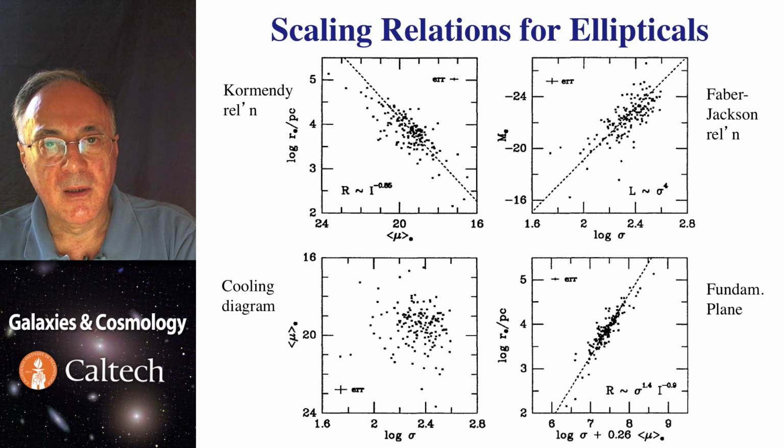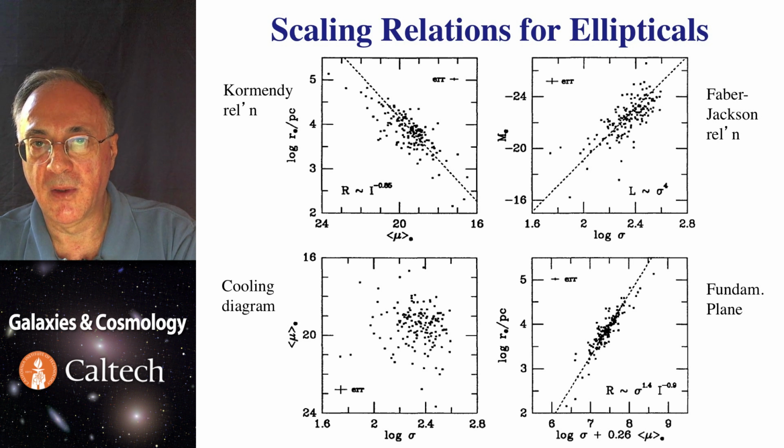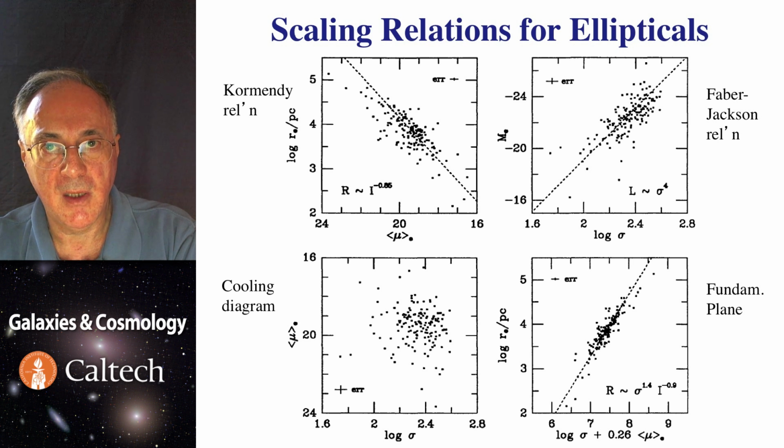Naively, you might expect that galaxies with higher kinetic temperatures would also need to have higher densities, but that's simply not the case. This set of plots immediately tells you that there are at least two independent coordinates here, which is why there is no correlation in the bottom left.